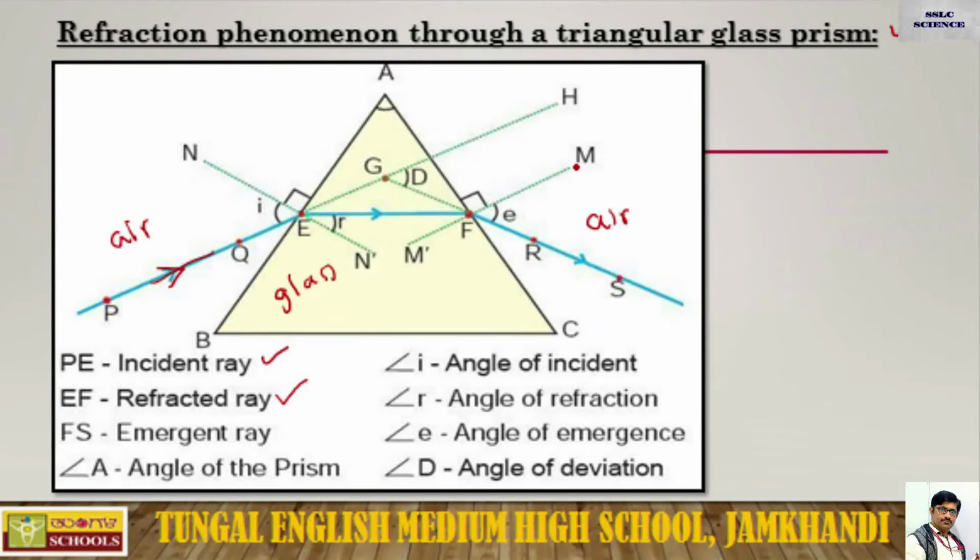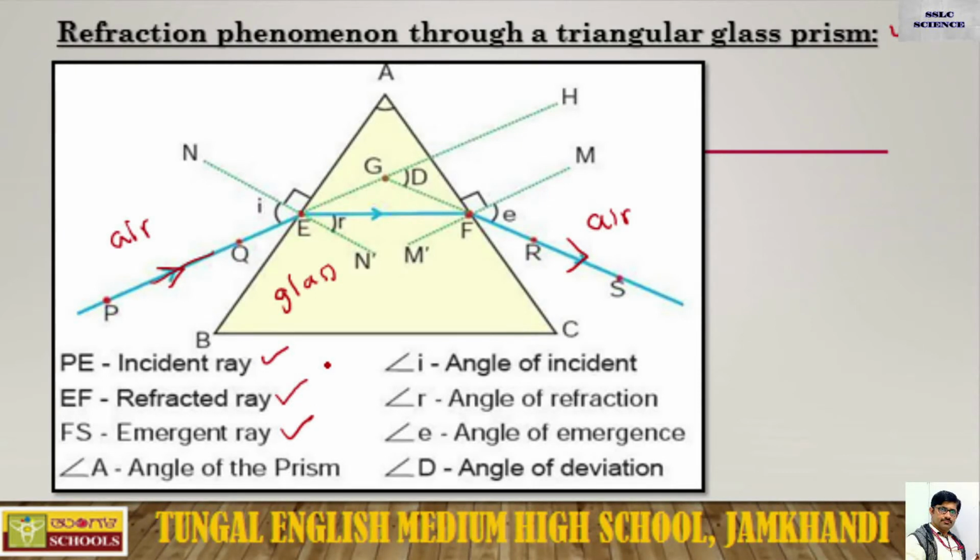What happens when the light ray moves from glass to air, that is denser to rarer? It bends away from the normal in the form of RS here. So you can take FS in this case as the emergent ray.